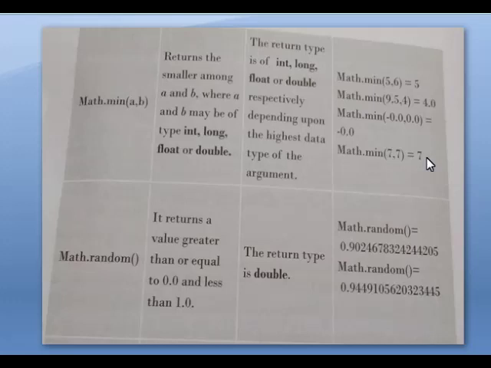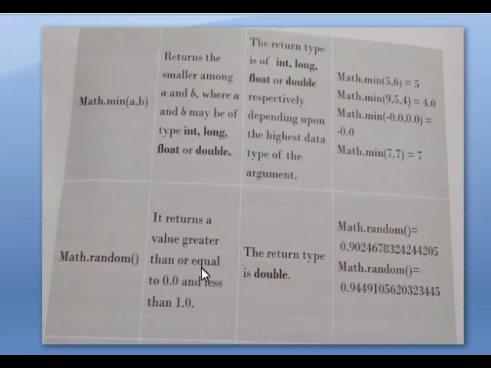Then math.random. It returns a value greater than or equal to 0.0 and less than 1.0. The return type of math.random is always double, because the value is a very big decimal value.